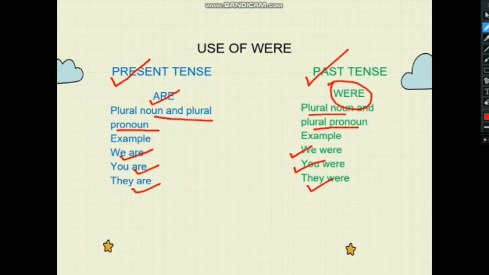Like they were playing, you were doing this, we were eating. अभी हम खा चुके हैं, but हम खा रहे थे. We were doing that. So this is the thing which we are doing in the past. So that means हम लोग were use करते हैं when we are talking about the past. When we have done something in the past, we use were.